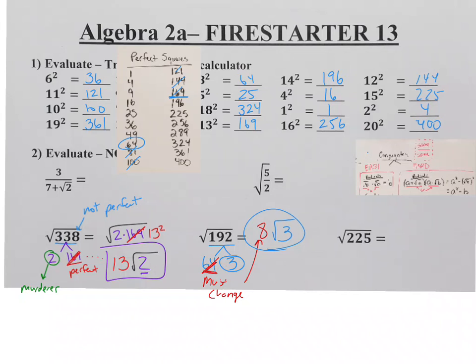Now, if you don't listen to me, you might find out, and you don't have to write this down, that the square root of 192 can be written differently. Like 4 also goes into 192. Right? And then 4 would be your perfect number, and 4 is going to change into 2. And then 48's in jail.